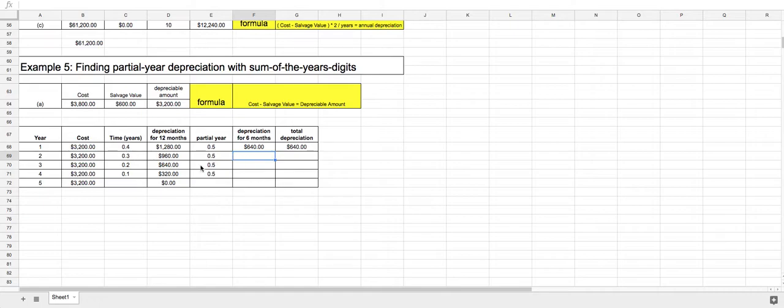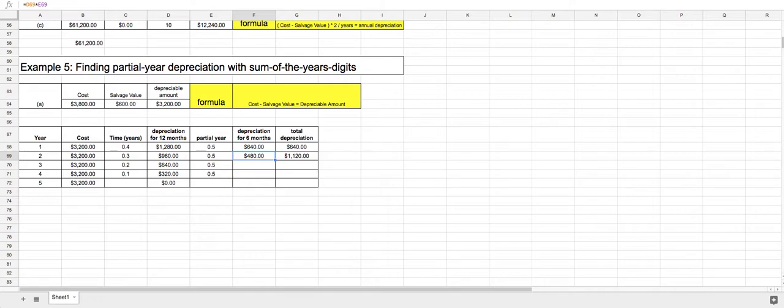Now, for the next year, if we were to do it for year 2, we'd be at 960. And we're going to take 960 times half a year. We'd be at 480. And what we're doing for this is we're adding up the depreciation from the previous year plus the 480, and we'd be at 1,120. Okay?